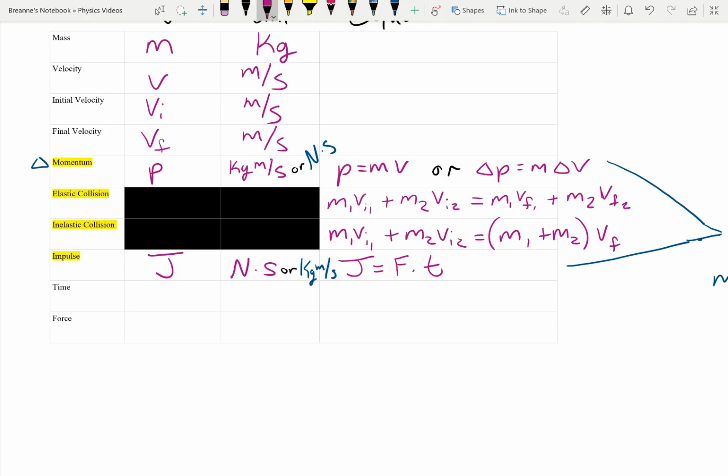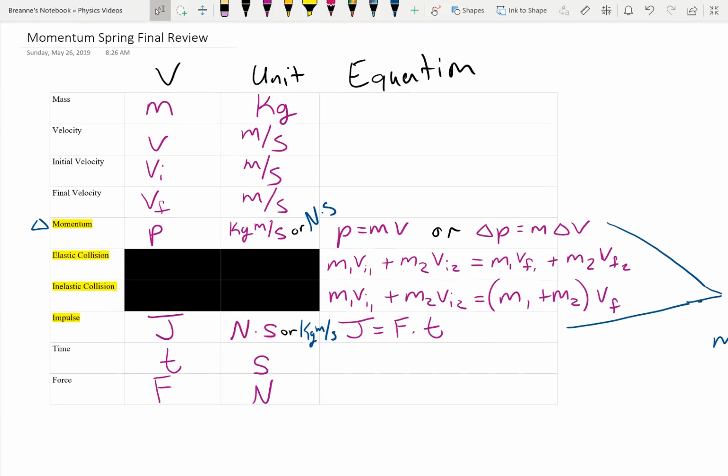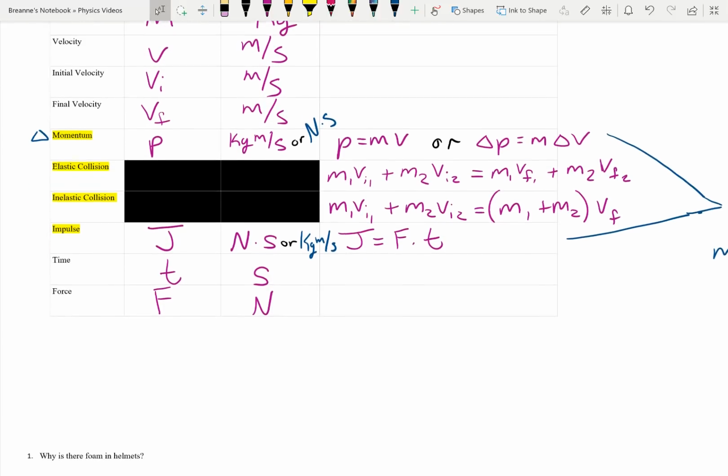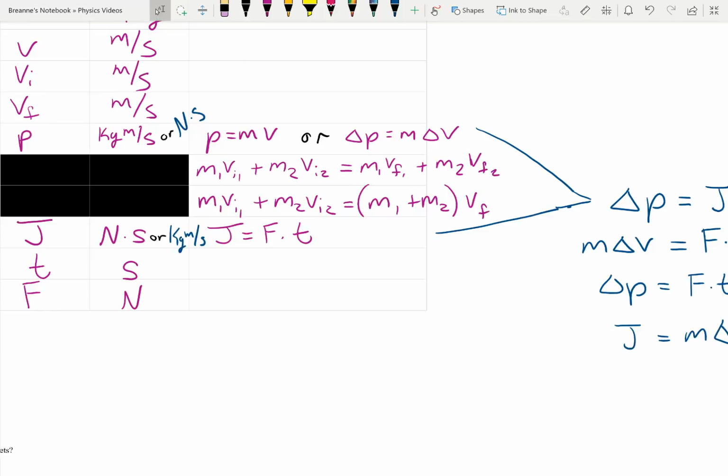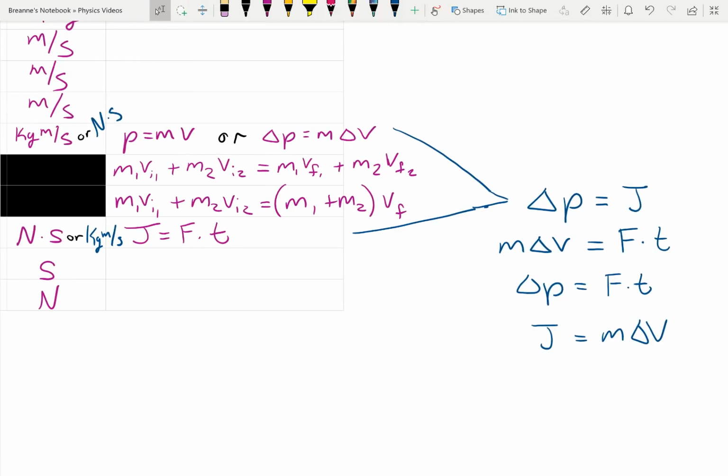Time is represented with a lowercase t, and it's measured in seconds. And again, force is represented with a capital F, and it's measured in newtons. So hopefully that refreshes your memory for momentum a little bit. Again, don't forget about the interchangeable part over here.